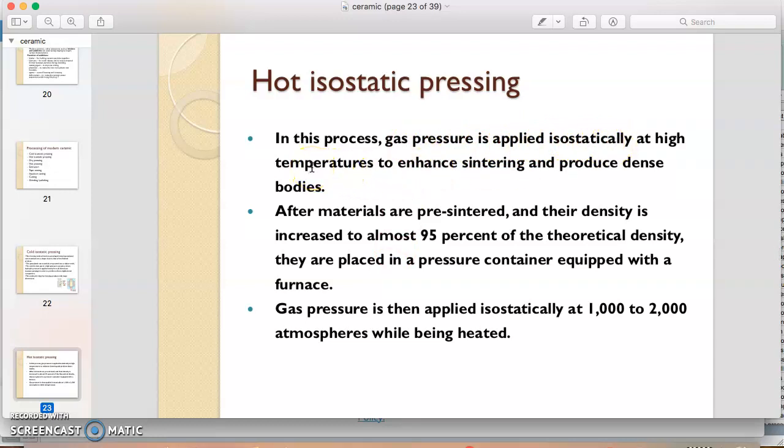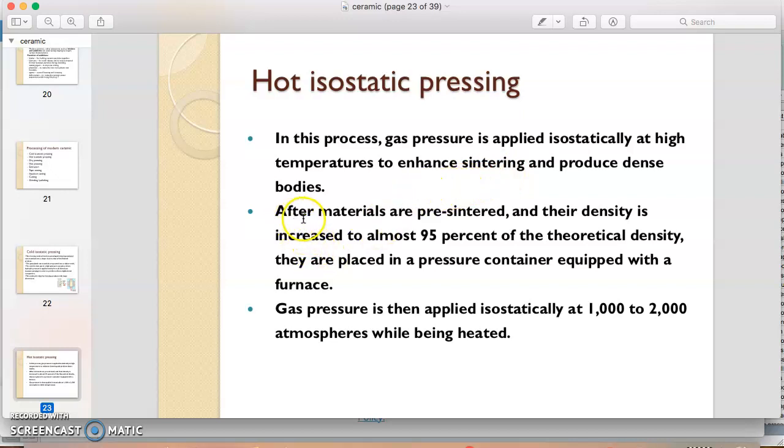So the difference is that the pressing is done in a high temperature environment to enhance sintering and produce dense bodies. So the benefit of high temperature during pressing is to enhance the sintering and also be able to produce dense bodies.